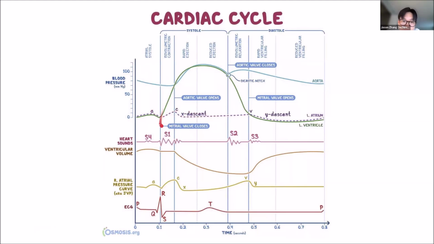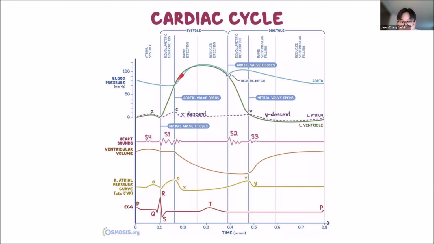The main thing we're looking at here is when the left atrial pressure intersects with the ventricular pressure, that's when atrial systole stops, and then you have your isovolumetric contraction going on here. And once the pressure within your ventricles exceeds the aortic valve pressure, that's when the blood is actually able to leave. So this is the ejection phase here.